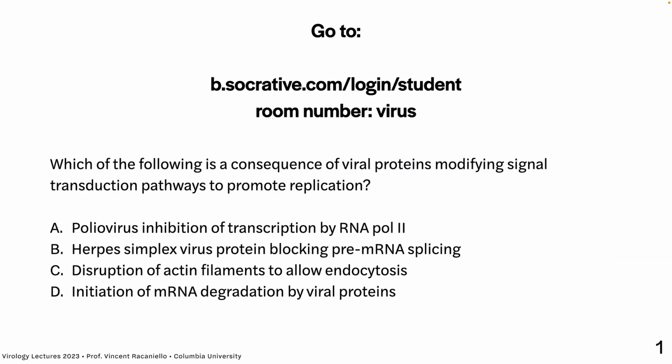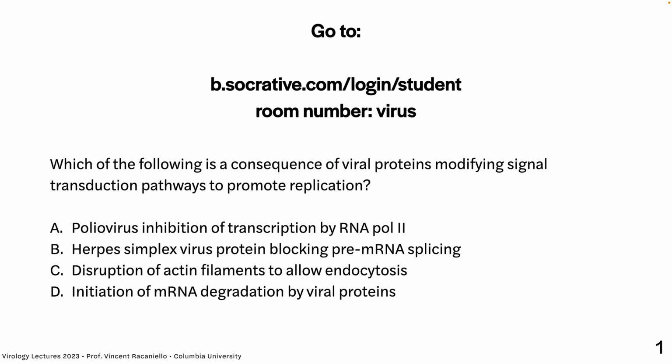All right, the first question is, which of the following is a consequence of viral proteins modifying signal transduction pathways to promote viral replication? Poliovirus inhibition of transcription by RNA polymerase II, herpes simplex virus protein blocking pre-mRNA splicing, disrupting actin filaments to allow endocytosis, initiation of mRNA degradation by viral proteins.